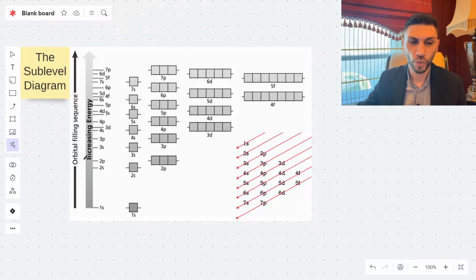N equals 2, we have 2s and 2p. When n equals 3, we have 3s, 3p, and 3d. But if you remember, the 4s has lower energy than 3d. That's why, according to Hund's rule, we fill 4s before 3d.